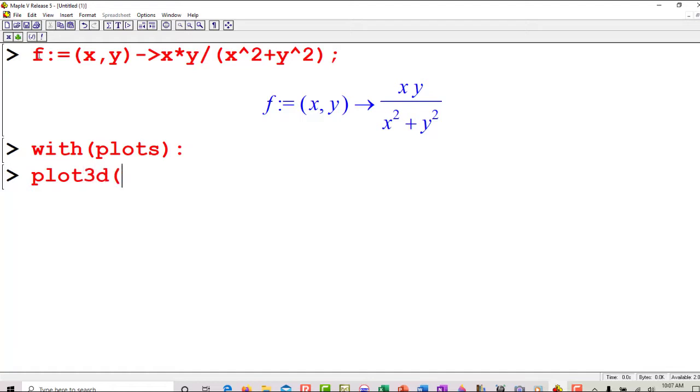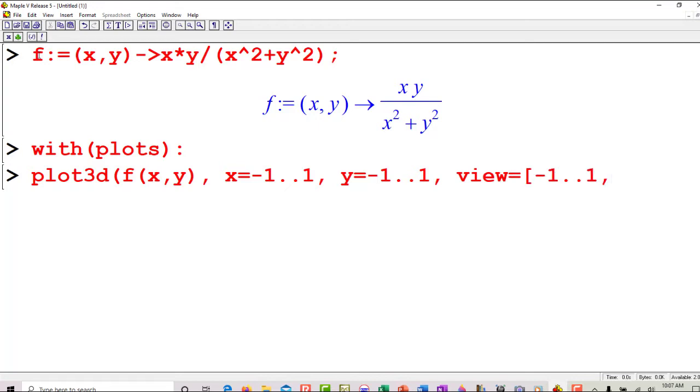I'm using the plot3d command in Maple. I want to plot f of x comma y, where x is minus 1 to 1, y is minus 1 to 1, and I'm going to constrain the view to minus 1 to 1, minus 1 to 1, minus 1 to 1.